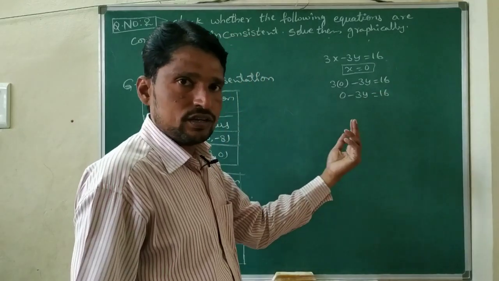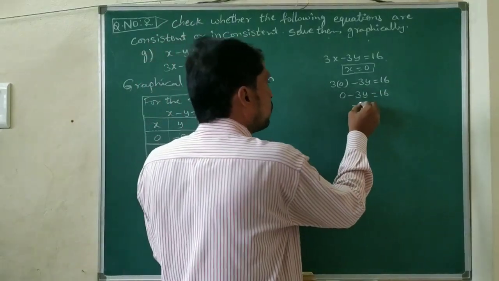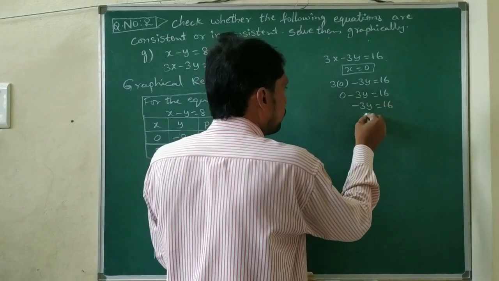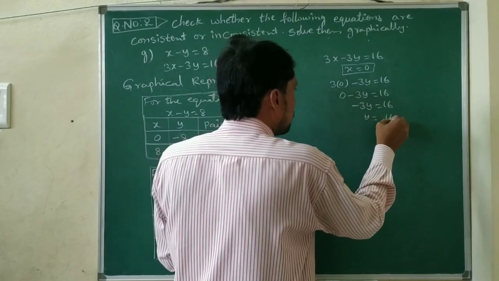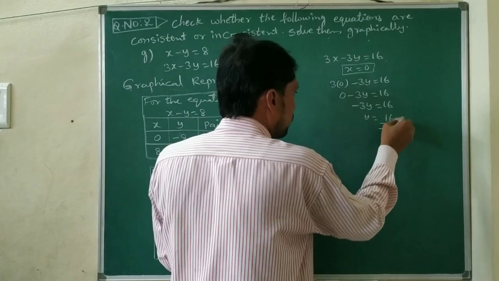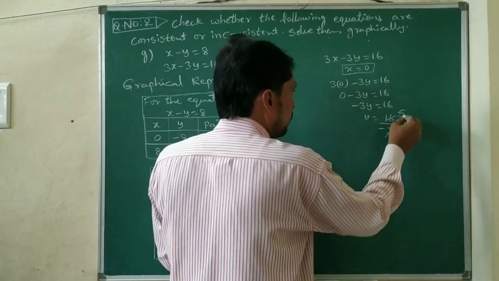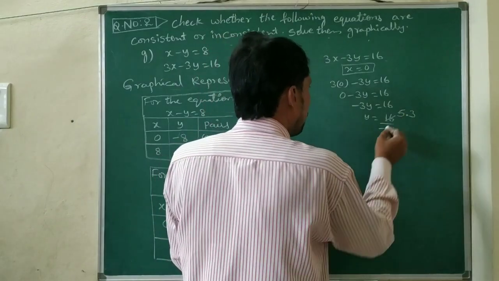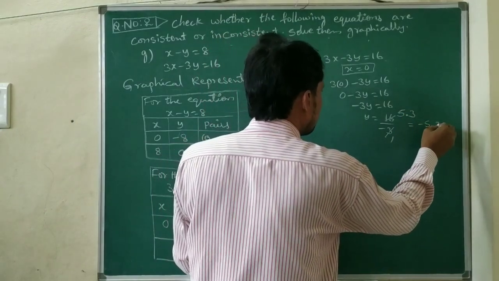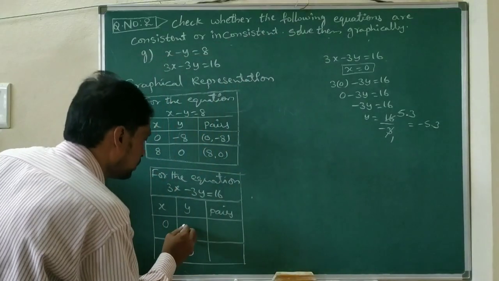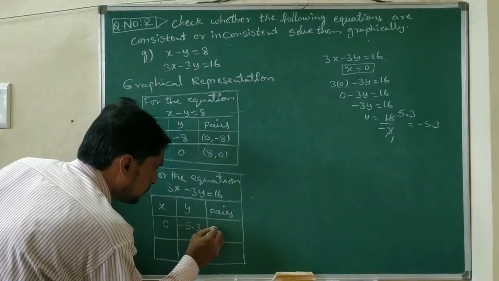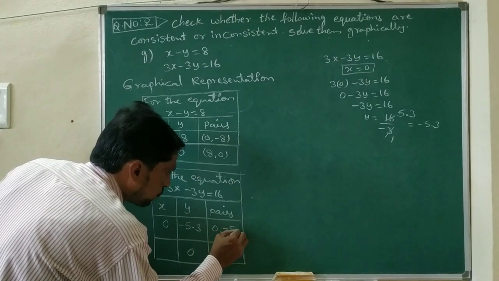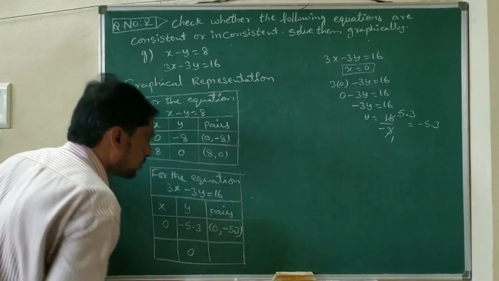Transposing the minus 3, y equals 16 by minus 3. 3 ones are 3, 3 fives are 15, point 1 remained, 3 threes are 9, so we get minus 5.3. So the pair becomes 0 comma minus 5.3.